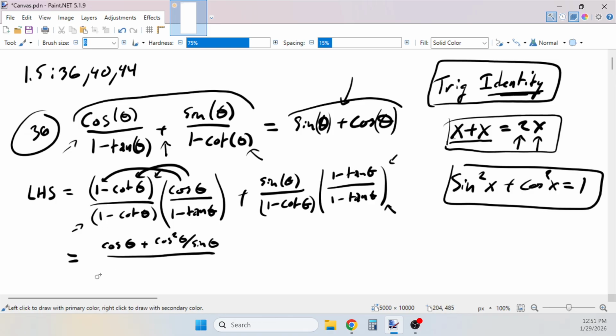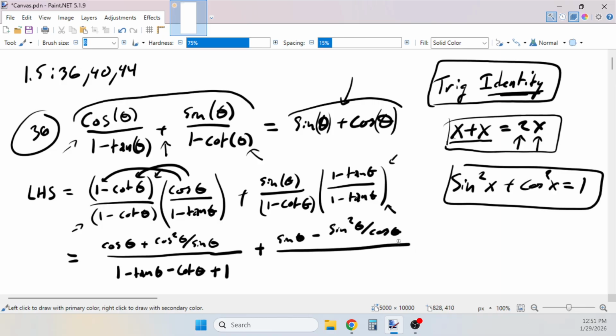The denominator we'll multiply out. We get 1 minus tangent theta minus cotangent theta plus cotangent times tangent. For the right fraction, I get sine theta minus sine times tangent, which gives us sine squared theta over cosine theta. And then the denominator we're going to get the same as before.